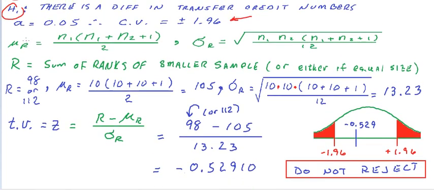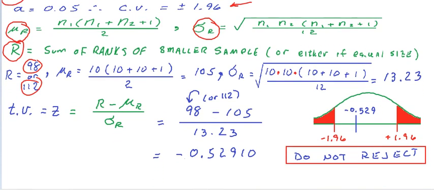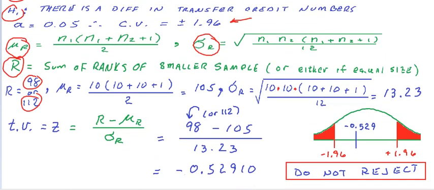In order to do that, we need mu sub R, sigma sub R, and then we also need R, which we have already calculated. R is either 98 or 112. We'll get the same result with just a sign change, regardless of which one we use. So now, we do the calculation. N1 is 10. The size of the first sample, the smaller sample, there's no smaller sample here.